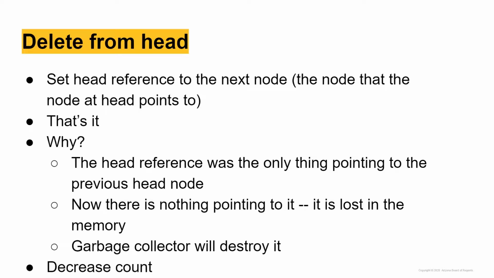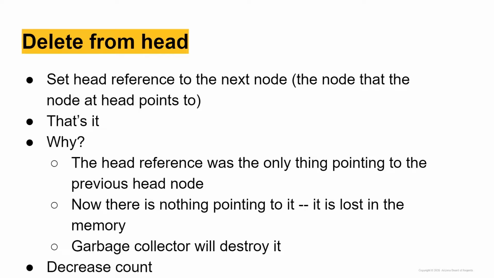Why? Because the head reference was the only thing pointing to the previous head node, right? That's why we have a head reference, because otherwise there's nothing referring to it and the garbage collector is going to come and destroy it. So if we just move the head pointer to whatever that node is referencing, just move it one spot down the linked list, then all of a sudden the previous head node is floating off into nothing.